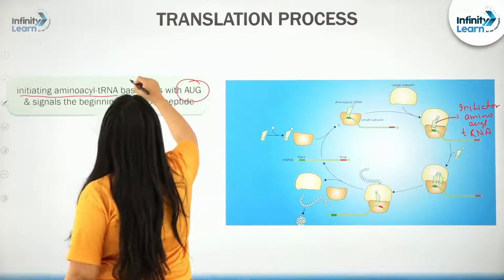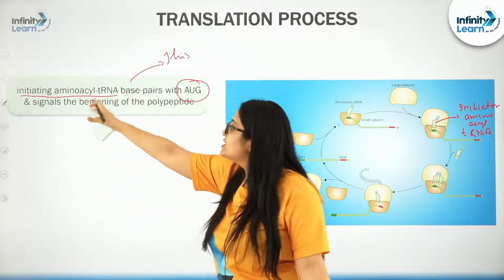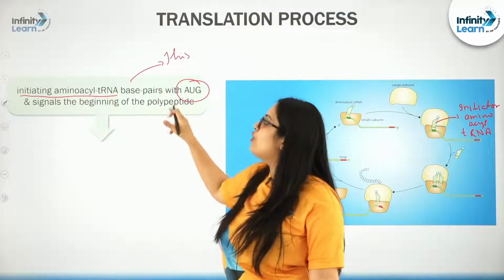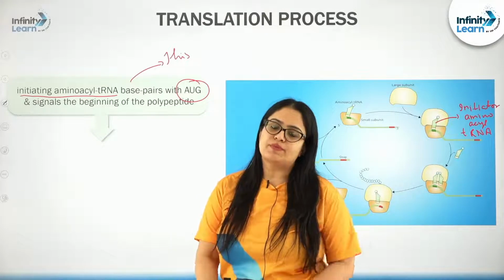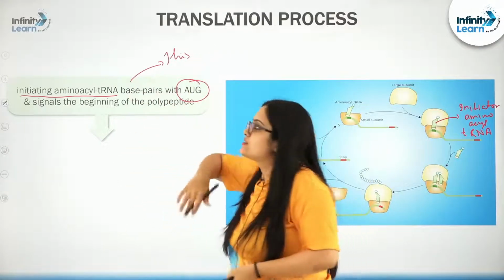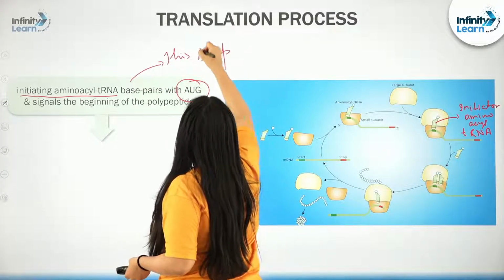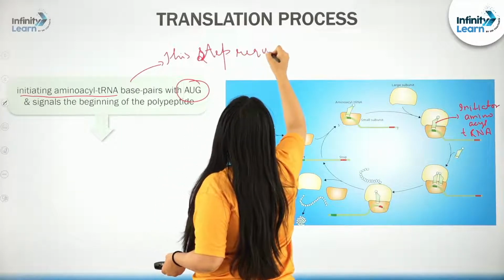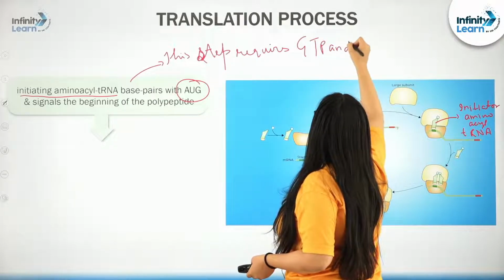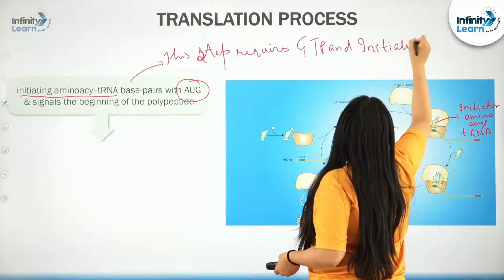So, this step I am writing here: initiating aminoacyl tRNA base pairs with AUG and signals the starting of the polypeptide chain formation. So, this initiation or starting of translation process, this step requires GTP and initiation factors.